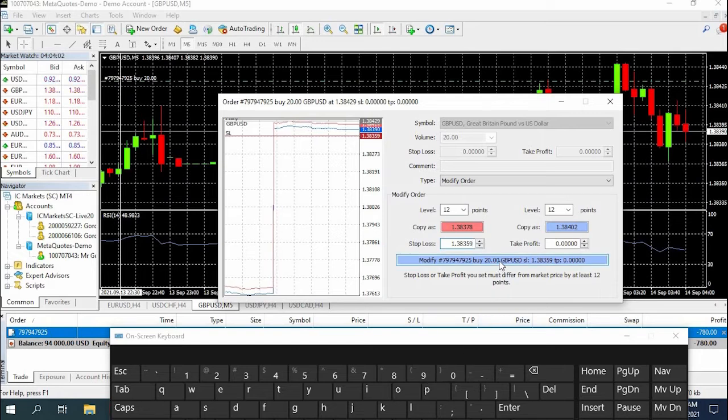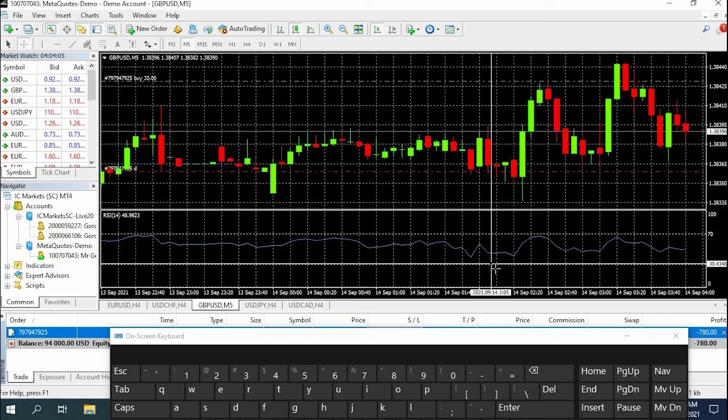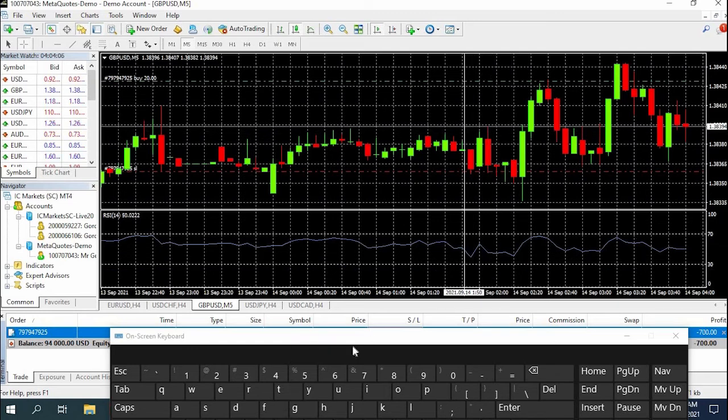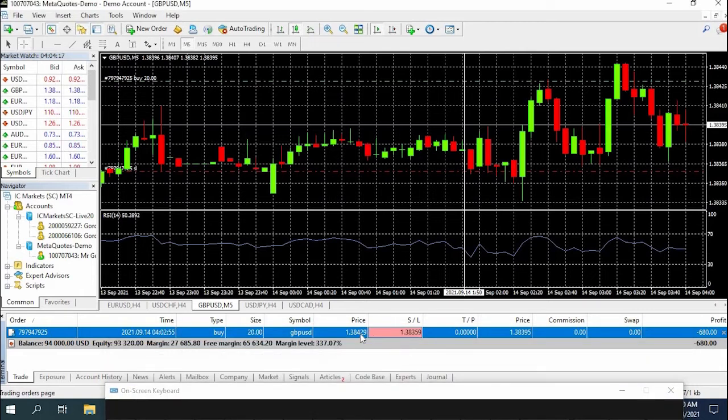So 1.3859, modify. So the price is 1.38429, which is the price that I bought the currency for.